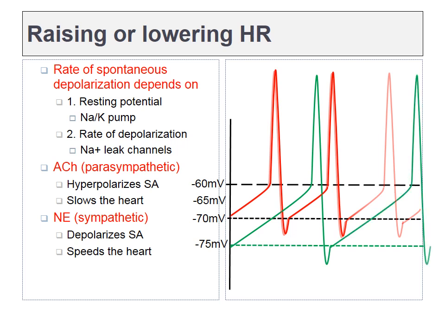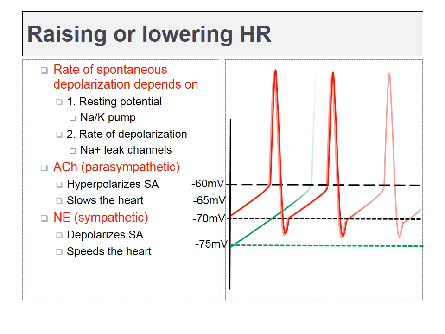So now we start further away from threshold, but we still depolarize at the same rate. That means it's going to take longer to reach threshold, and therefore the rate of action potentials, or the heart rate, is slowed down.